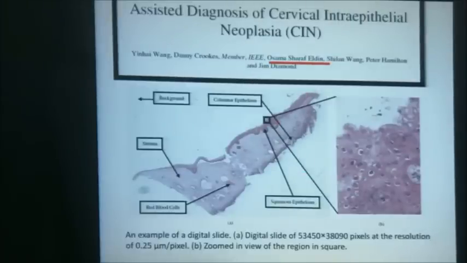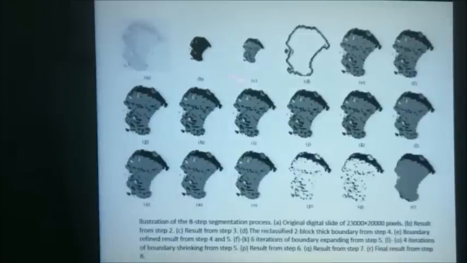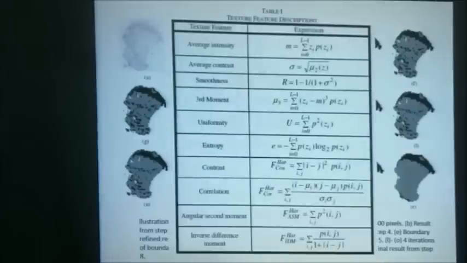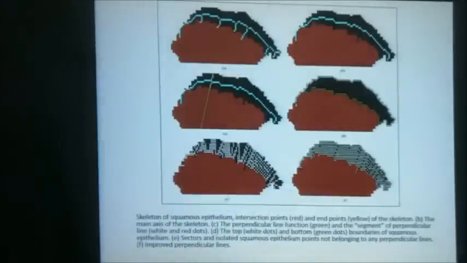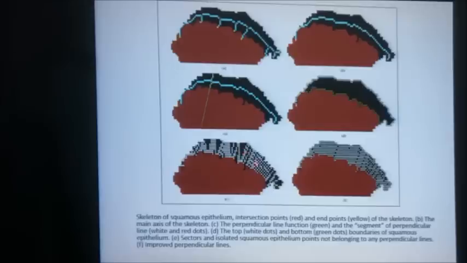In this image segmentation, we collect different data, extract different areas, put these together, and with sophisticated equations like these here, by the use of this software we can classify CIN into CIN1, CIN2, or CIN3. And this is the result of image segmentation.